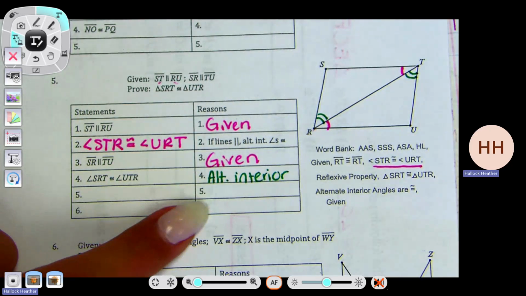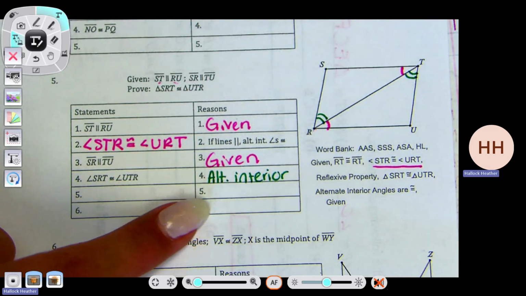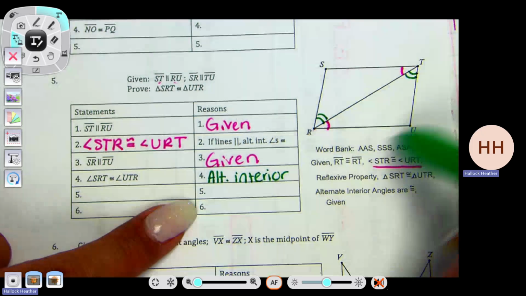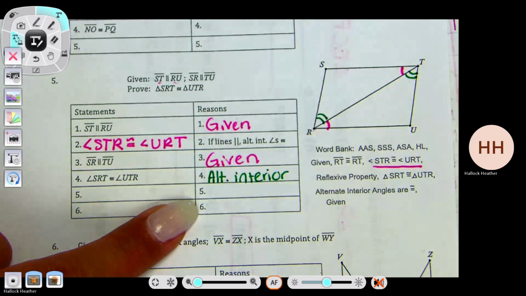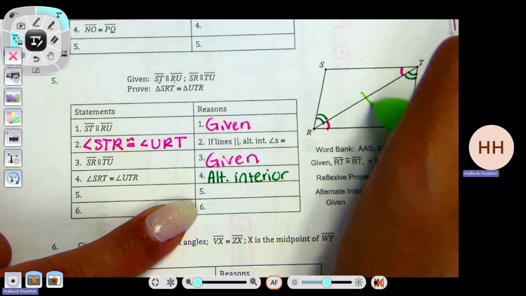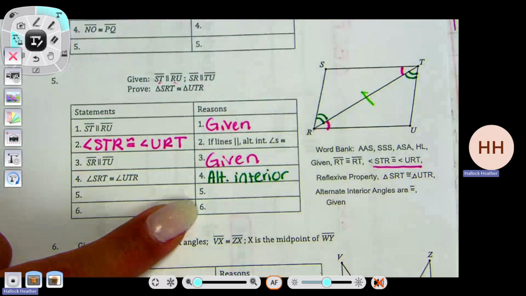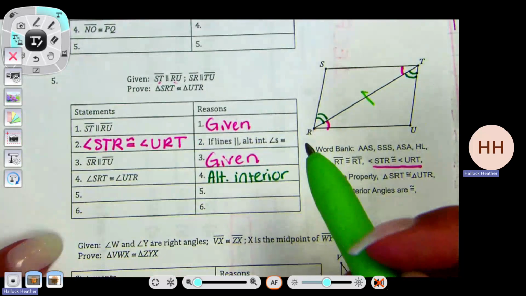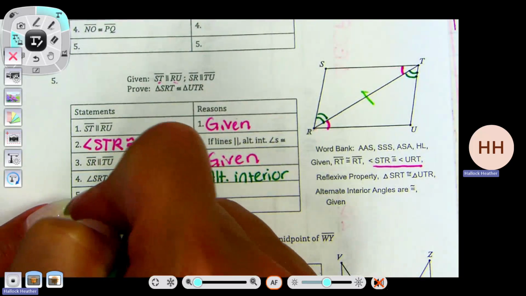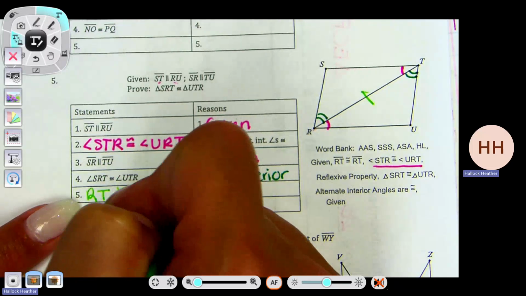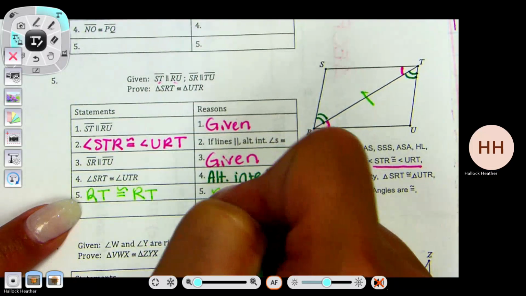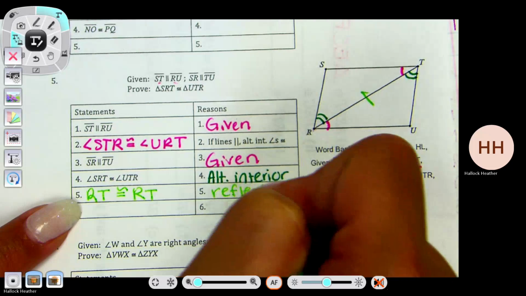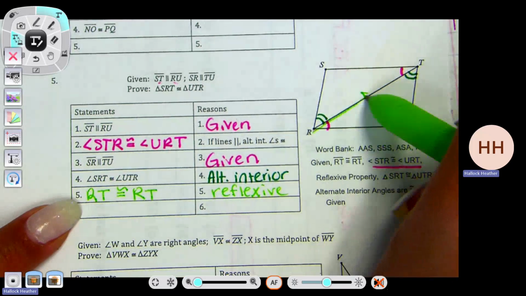This one is completely blank. Does anybody remember? What piece of information, just from looking at the picture, can I pull out? RT equals RT because they share this side. They're touching, so that's reflexive. RT is congruent to RT. The reason is the reflexive property, because if they share a side, they're touching.